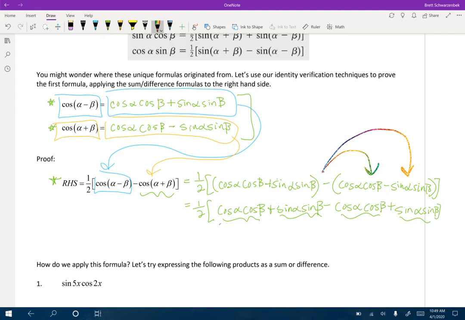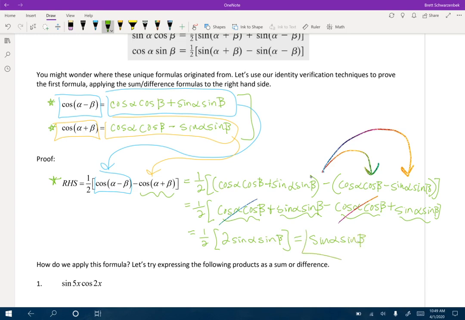So if you look at this one and this one right here, they actually cancel out one another. So if you keep on going, we're going to get 1/2, and then we have sine alpha sine beta plus sine alpha sine beta is 2 sine alpha sine beta. And finally, half of 2 is of course 1. So we get sine alpha sine beta.